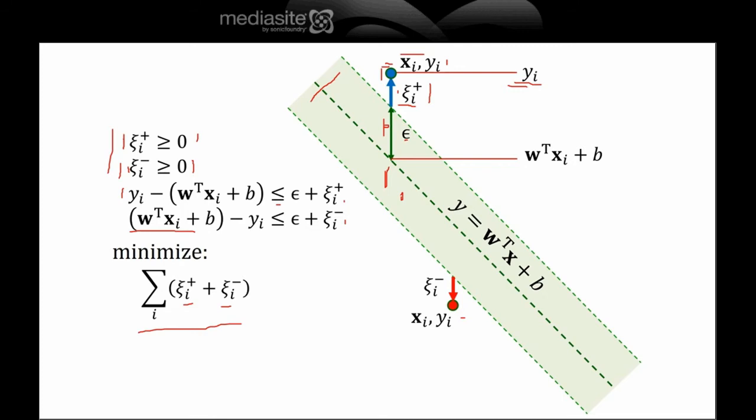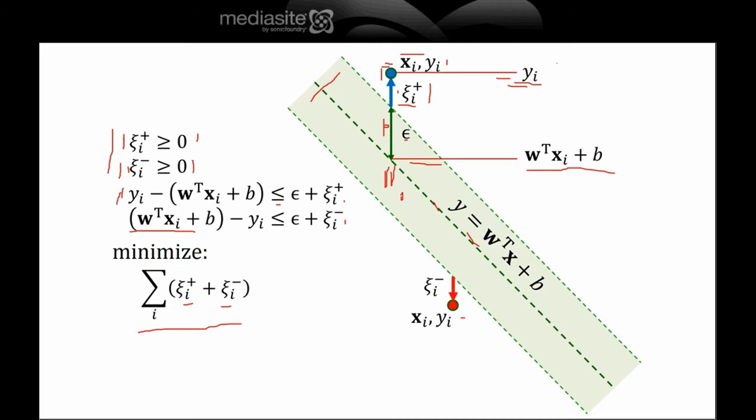Remembering that this is xi, and this is the straight line y equals w transpose x plus b, if we plug in the value of xi, we get this height, which is w transpose xi plus b. And that's why we have this relationship.